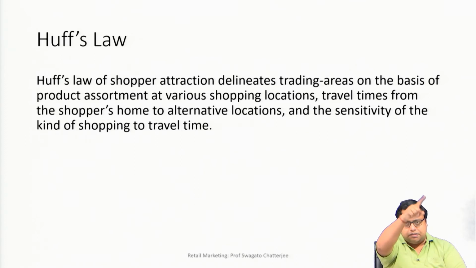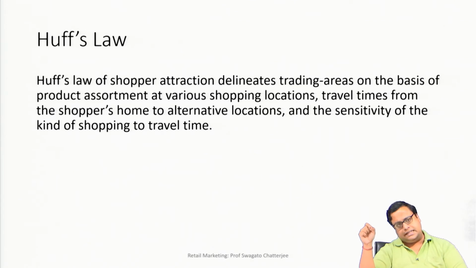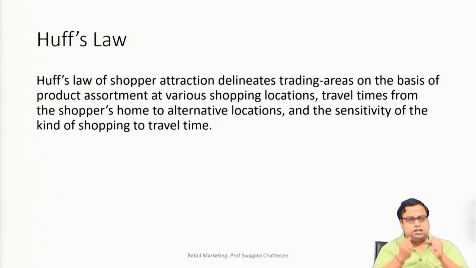They have decided that this is my trading area, this is my trading area, and so on. Now, I am a person in between. I have to decide whether to go to retail store 1 or retail store 2 or retail store 3, depending on their attraction and depending on their distance. The attraction part is proportional to the area that it serves.